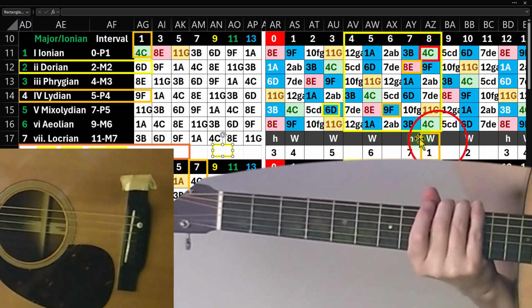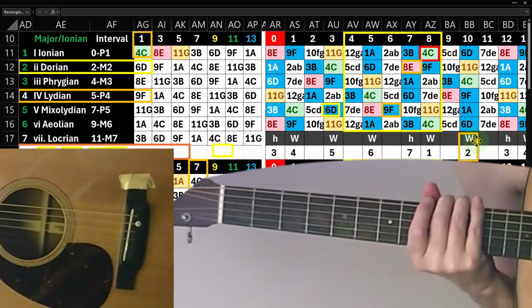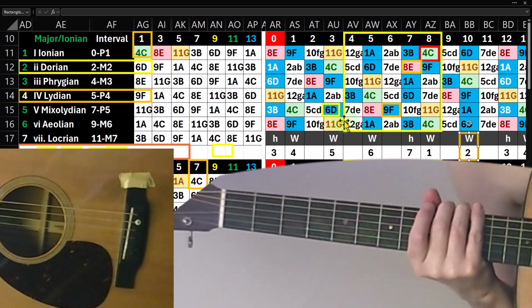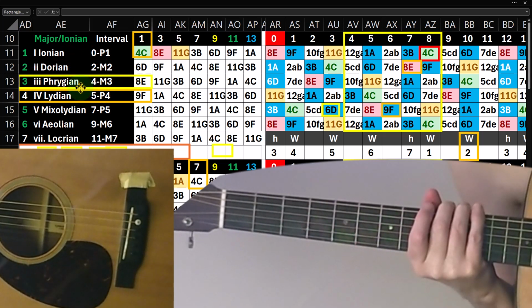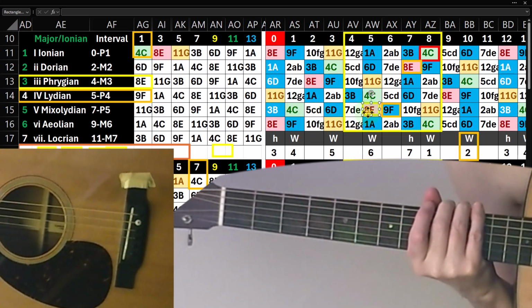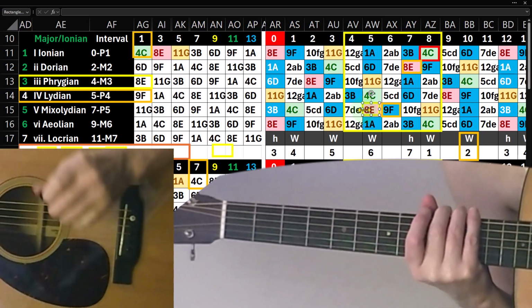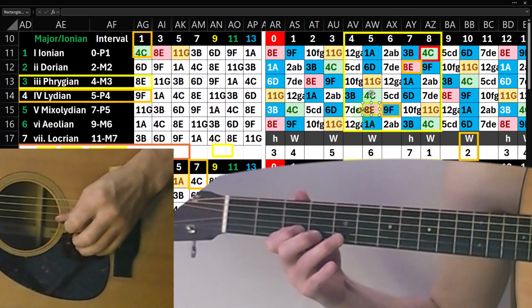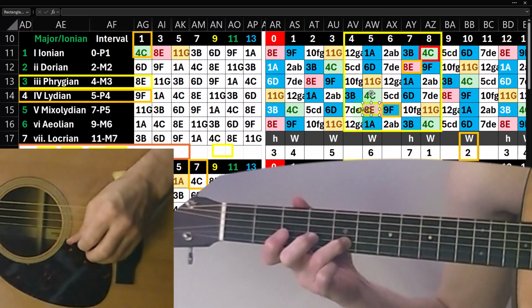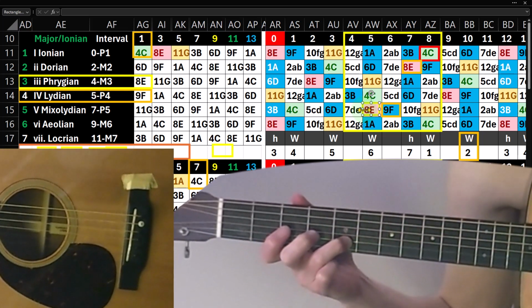And then if I go from the second to the third, we're going from the Dorian to the Phrygian. So we're going from this D, Dorian, to the Phrygian, and that's going to be a whole step.